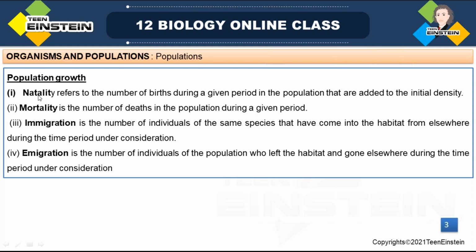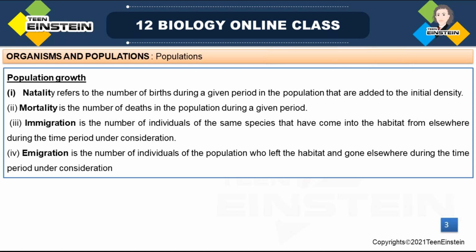Natality and immigration both are increasing the population, while mortality and emigration both are decreasing the population size. Now I'll explain each, then you will get an idea why it is increasing or decreasing the population growth.